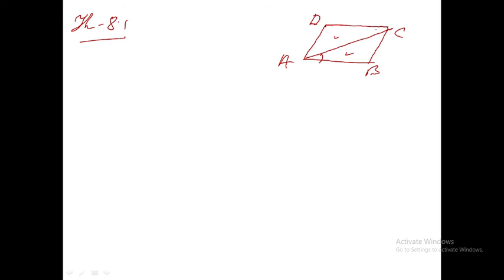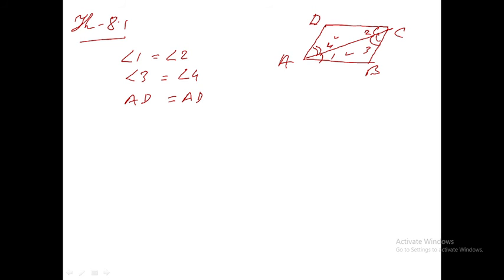This angle equals this angle. You can say angle 1 equals angle 2, and angle 3 equals angle 4. This is 3, this is 4. So I can write here angle 1 equals angle 2, angle 3 equals angle 4, and AC is common, AC equals AC, common in both the triangles.